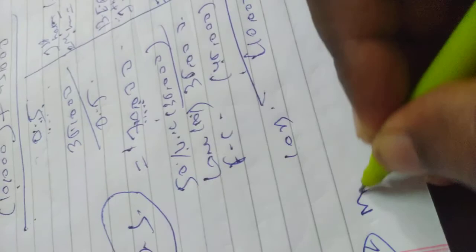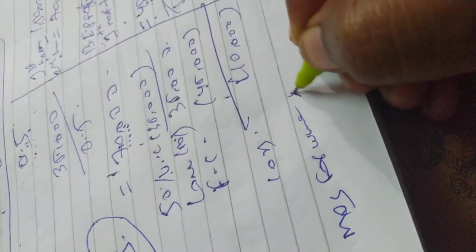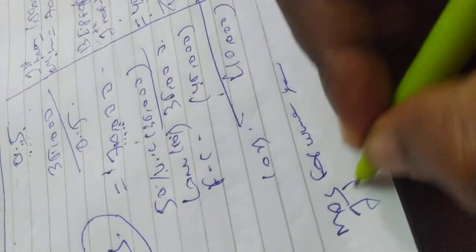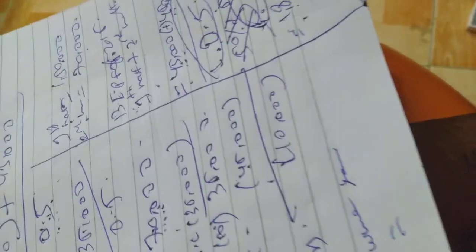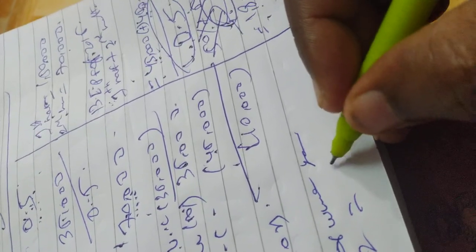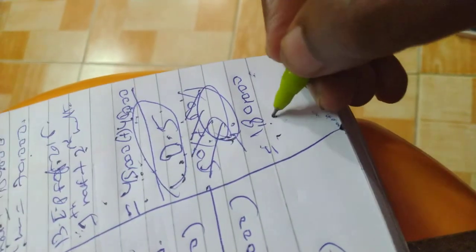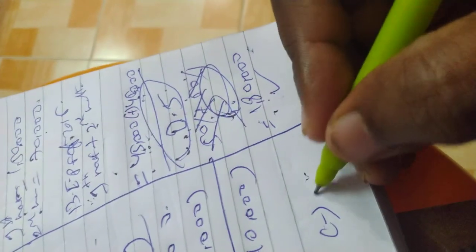Second thing, margin of safety for the whole year, first plus second. Margin of safety means total sales minus break-even sales. Break-even sales we know, 1,80,000 for the whole year.